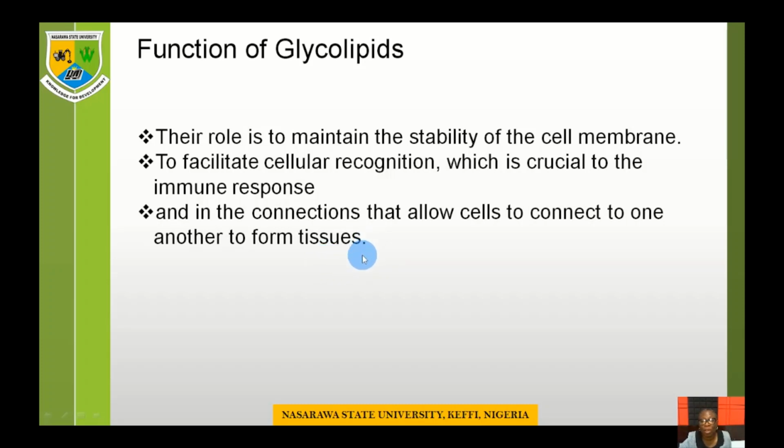So they are very important for recognition, whether cells that look like them so that they can aggregate together to form tissues, or cells that don't look like whatever is present in the body, and therefore there is a launch of the immune response to counteract such cell.